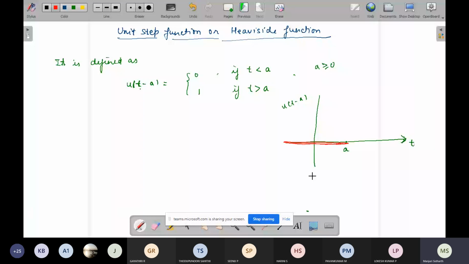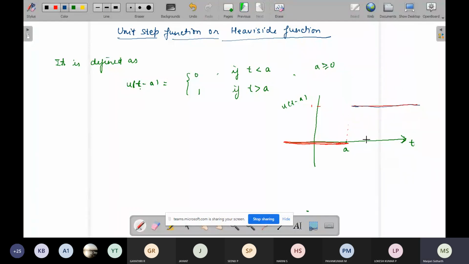But when t is greater than a, and a is not included, this point is not included, just near to it, its value is 1. Suppose 1 is somewhere here. So this is the graph.